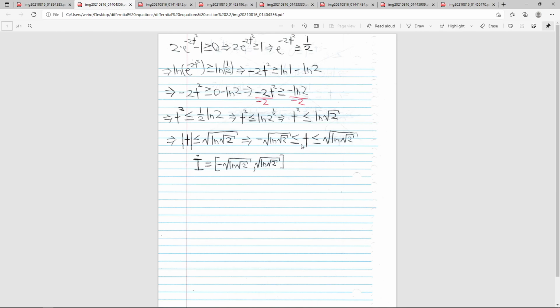So that's why it flips like that. It's greater than or equal to the negative, but less than or equal to the positive. Remember, the interval of existence is written with square brackets because of the equal sign being included.